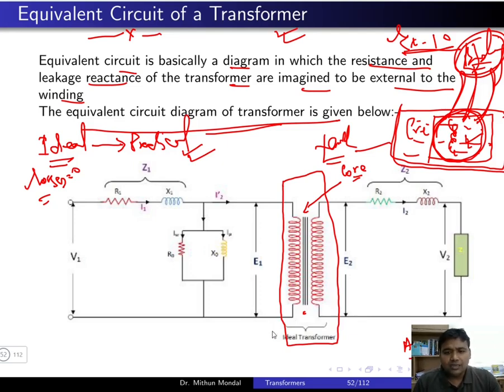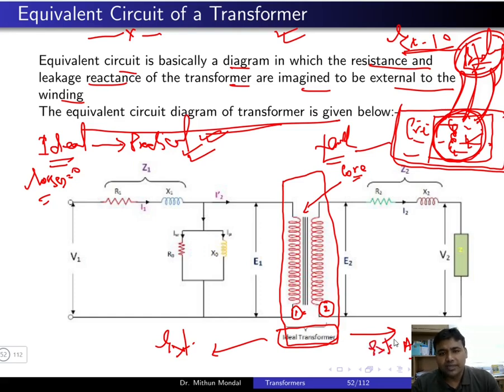So in the representation of the two winding transformer, this is winding number 1 and this is winding number 2. Winding 1 and winding 2 are placed in close proximity to represent an ideal transformer having no losses. And now for a practical transformer, whatever losses we have, we will add external to the ideal transformer, on the primary side and on the secondary side.